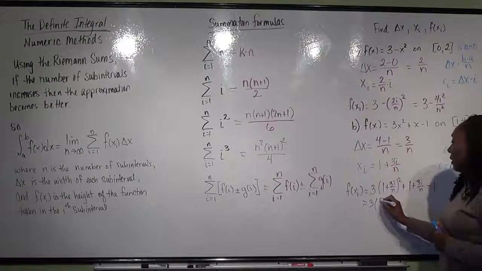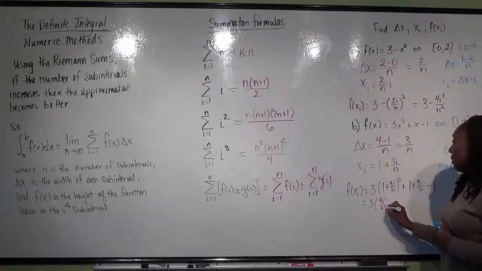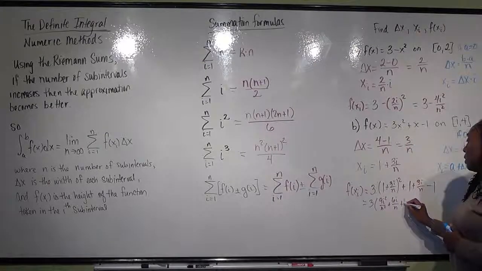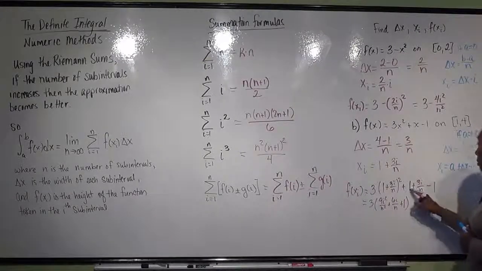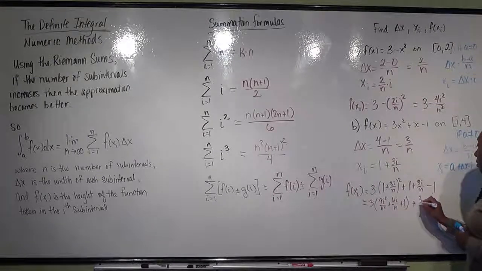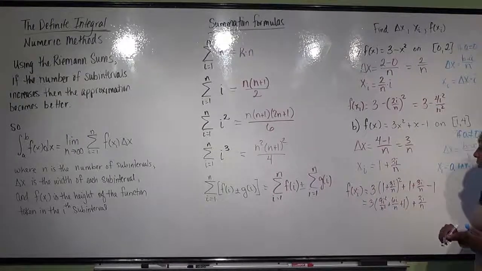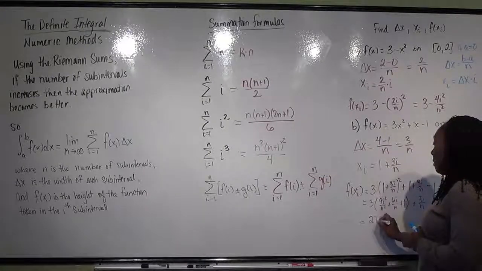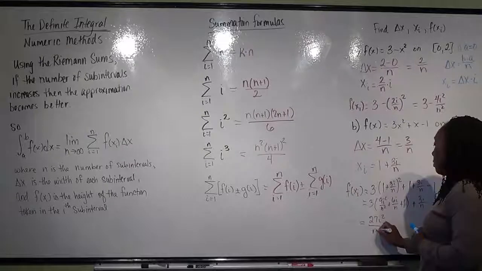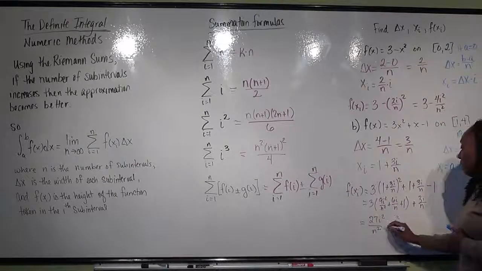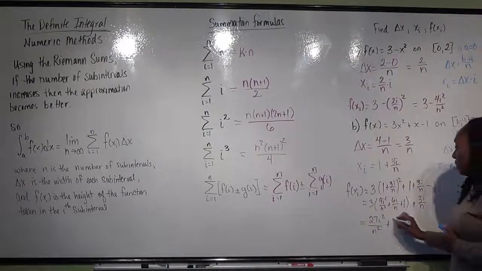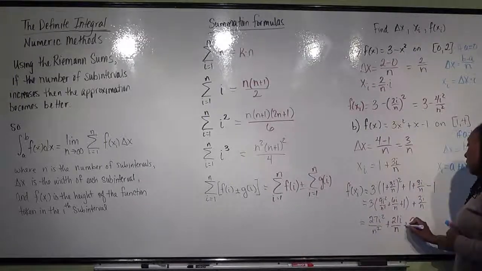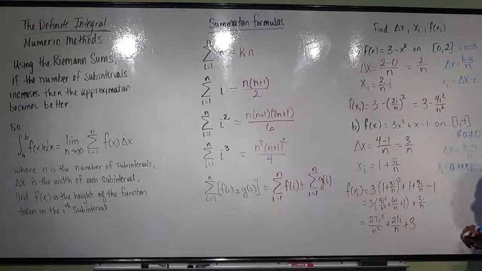Foiling, we'll get 9i squared over n squared plus 6i over n plus 1, all of that times 3. Notice over here the 1's will cancel. And so we'll get 27i squared over n squared plus an 18 and 3, so 21i over n, plus 3. So there would be my f of x sub i.